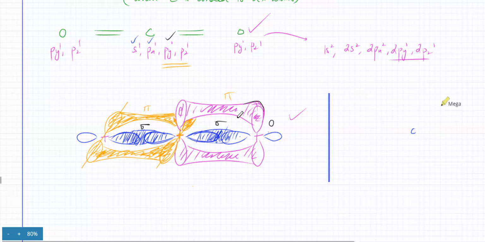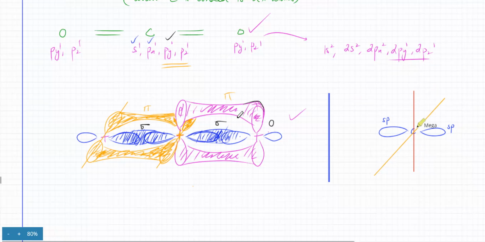So in simple words, this is what it's going to look like. There's going to be carbon. One of the orbitals gets stretched in one direction, that's an sp hybrid orbital. The other one gets stretched in the other direction, that's another sp hybrid orbital. The third orbital remains unchanged, and the fourth also remains unchanged.